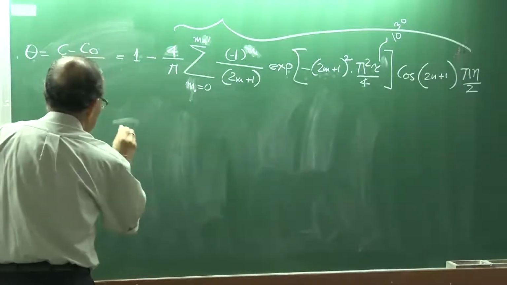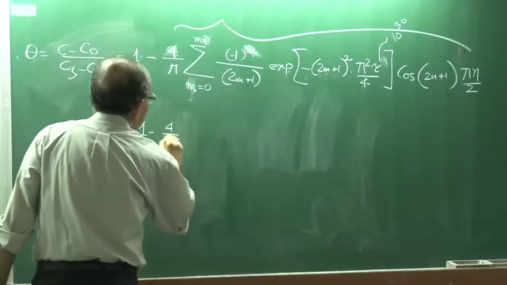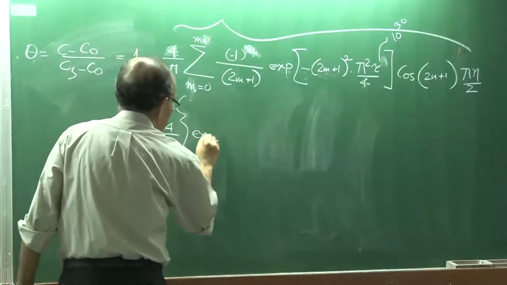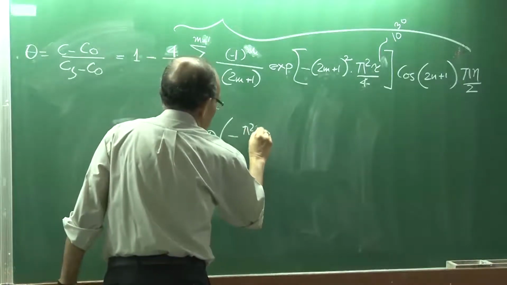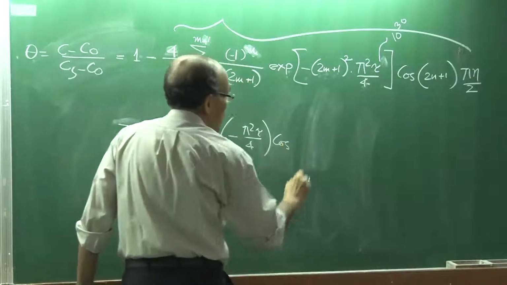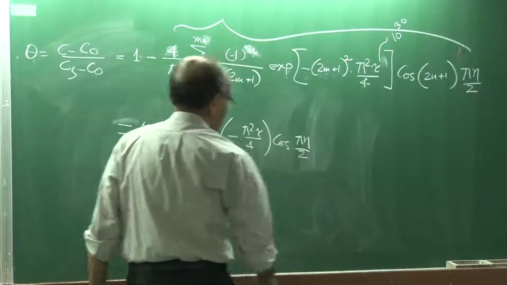First I will say that we can write 1 minus 4 by pi, and then this is going to be equal to exponential minus pi square tau by 4 into cosine of pi eta by 2. This is the first term.